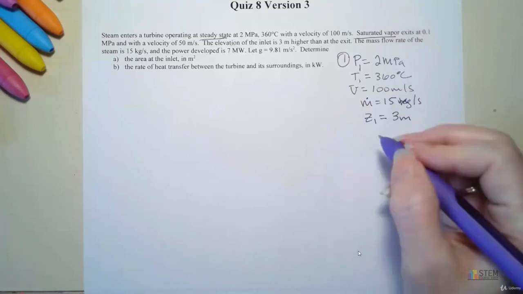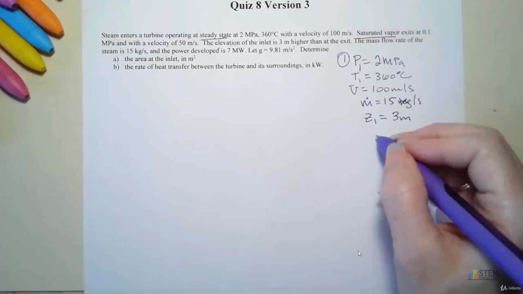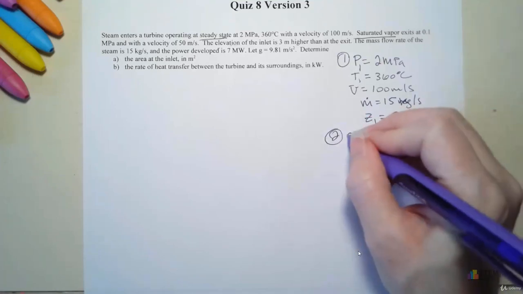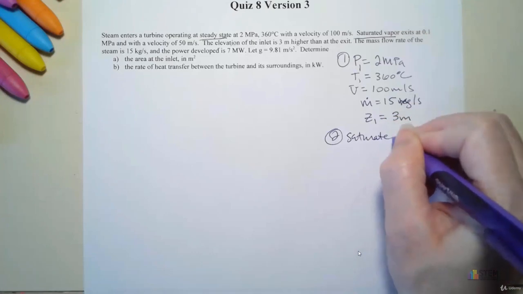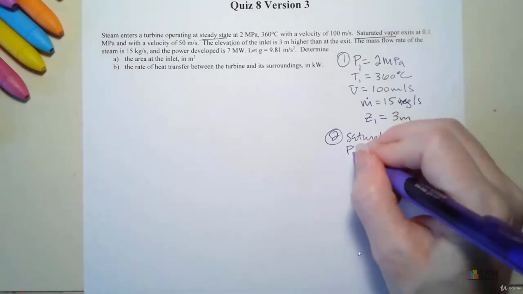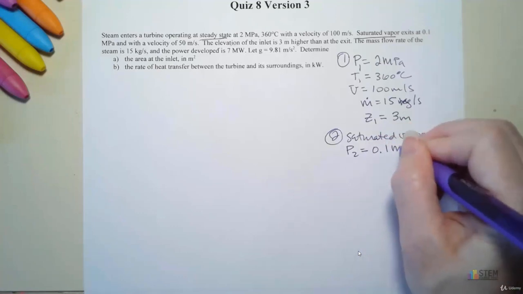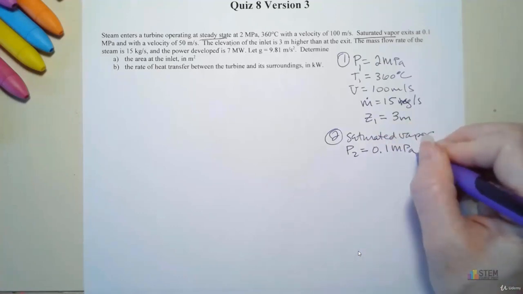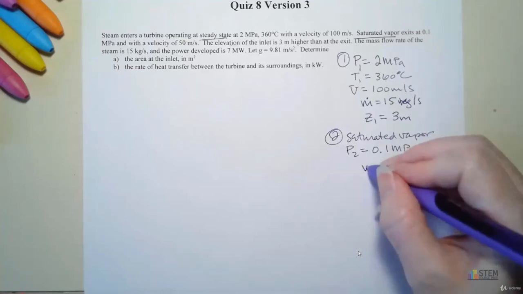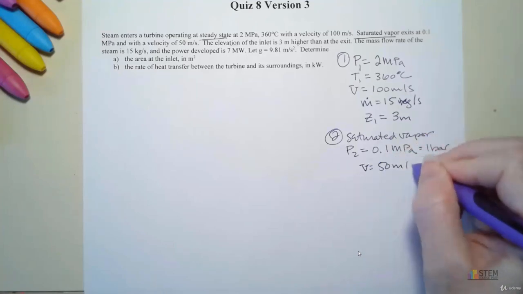Now, what else do we need to know here? Let's see. Let's list point 2 here. So it exits at saturated vapor. We've got that. Our pressure is going to be 0.1 megapascal, which is 1 bar. And our velocity is 50 meters per second.